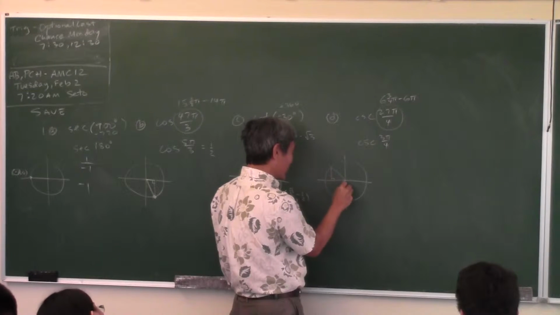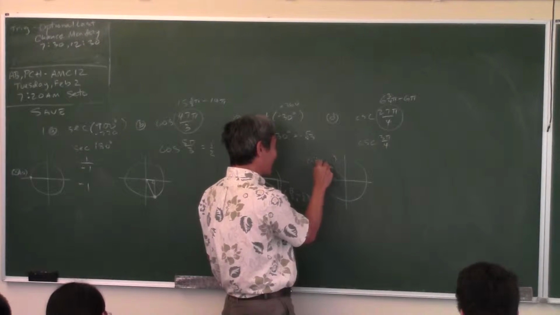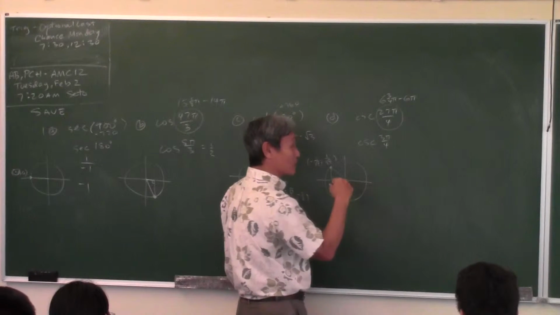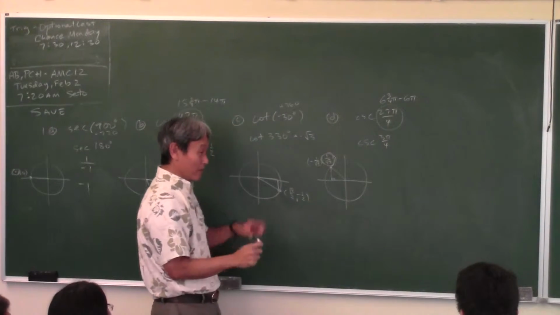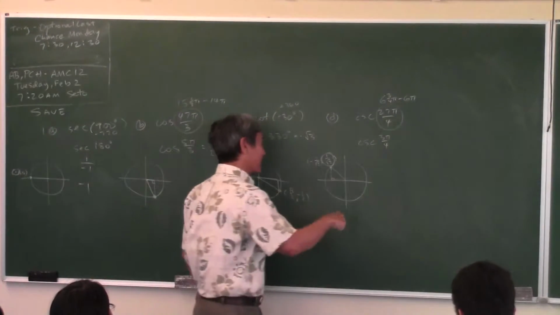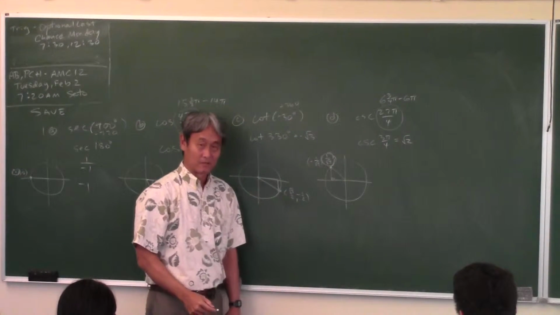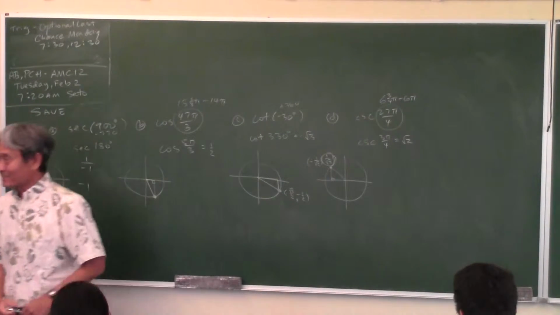So if I draw that in, what are the coordinates of the point? I go 1 over root 2 to the left, and then I go 1 over root 2 up. And cosecant is the reciprocal of sine. So sine is the y coordinate. Flip it over and you get radical 2. Please don't put over 1. Just put root 2. See how easy that is?